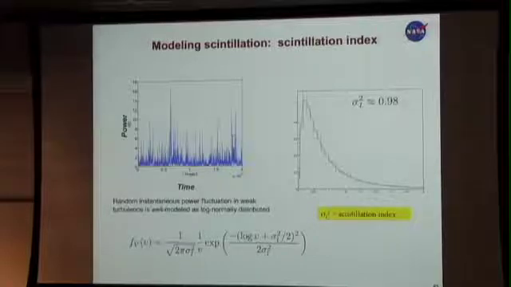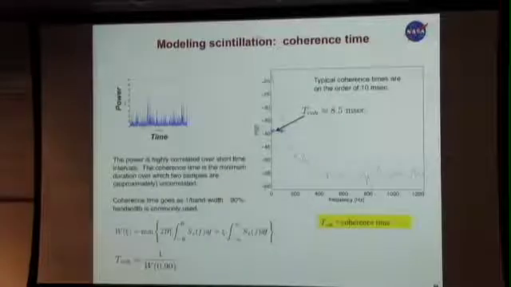It's modeled with a log normal distribution with a certain sigma parameter, and that sigma parameter is called the scintillation index. How long does a particular amplitude stay in duration? That's the coherence time. It's very highly correlated over short time intervals, and coherence times can be computed from an inverse bandwidth type of calculation. Typical coherence times are on the order of milliseconds, 10 milliseconds, something like that.